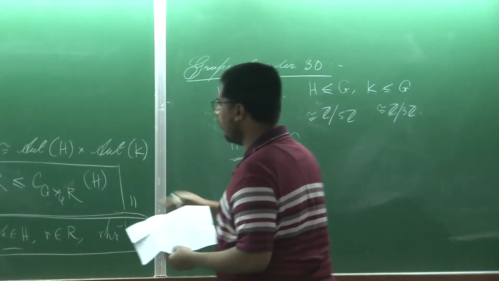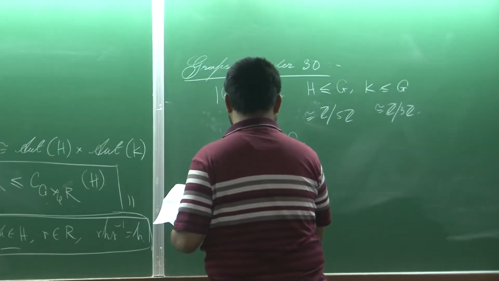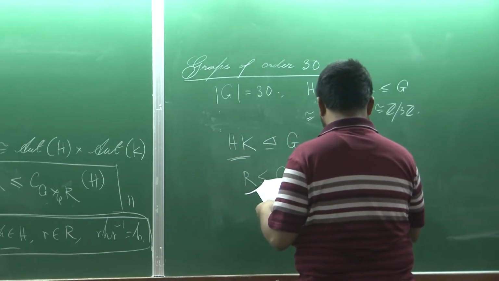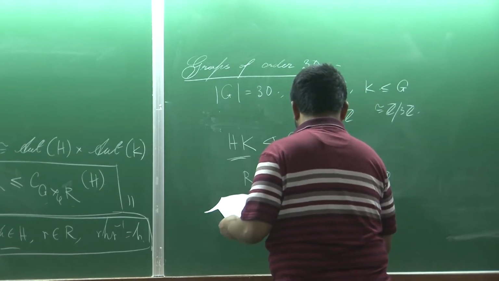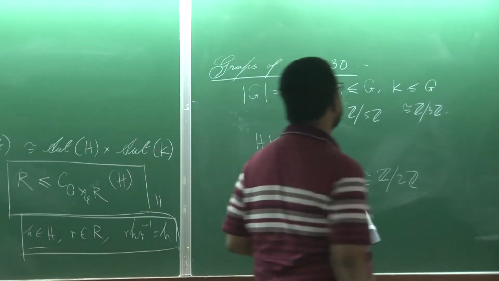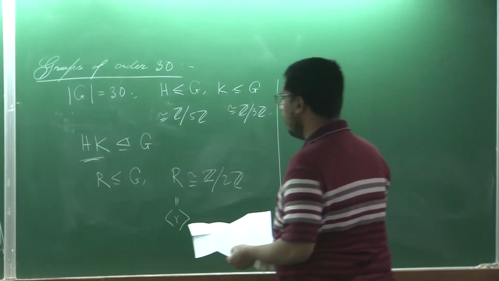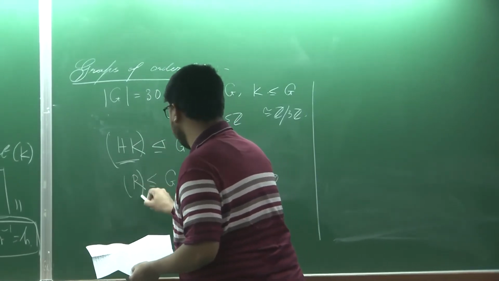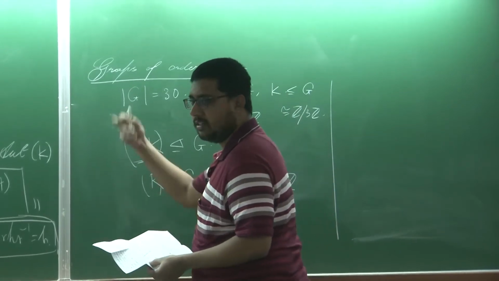Then for this semidirect product we have to find another appropriate subgroup. So let us take R to be the Sylow 2 subgroup of G, which we can of course do, generated by this element R. So the first step, finding H and K appropriately, is already done. Therefore this is a normal subgroup and this is another normal subgroup. Their intersection is trivial because the orders are relatively prime.